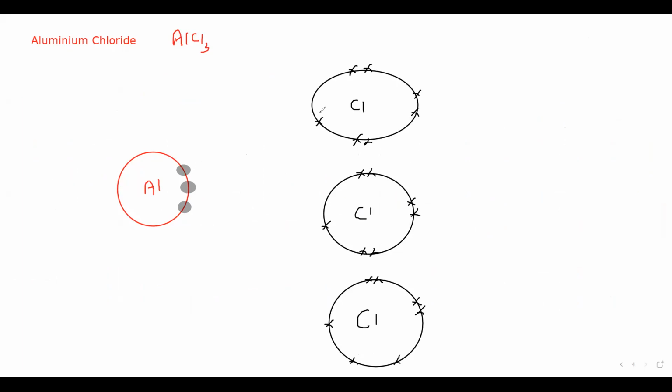Now what happened? Aluminium should lose all of its last shell electrons, but one chlorine cannot gain 3 electrons. One chlorine can gain only 1 electron. So this electron jumps from aluminium to chlorine. This chlorine will get 1 electron. The second electron jumps to the second chlorine.